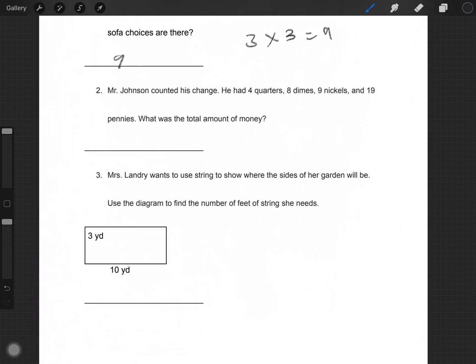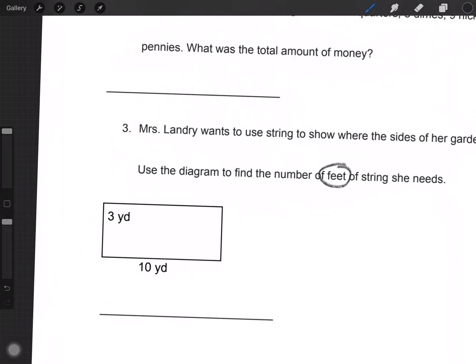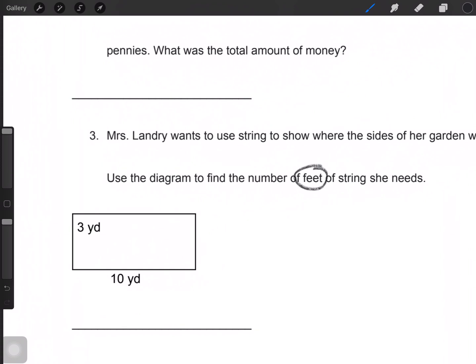Okay, number 2 is just counting money, and number 3, we'll do this one. So Miss Landry wants to use string to show where the size of her garden will be. Use a diagram to find the number of feet of string she needs. So some key things to note. She wants number of feet. So feet. So basically she wants to line this garden in string. So we have to find the perimeter or the outside.